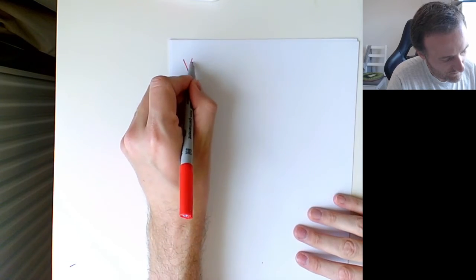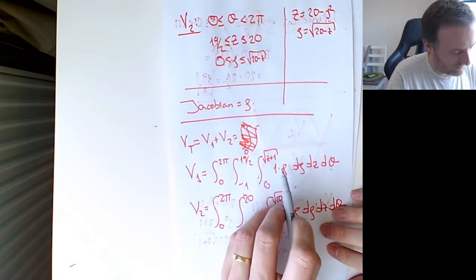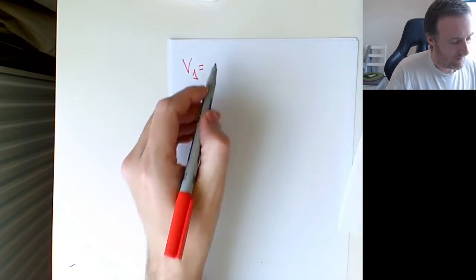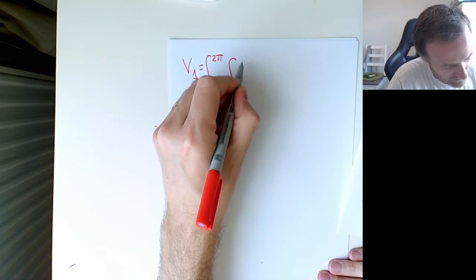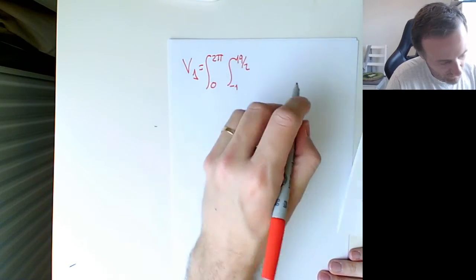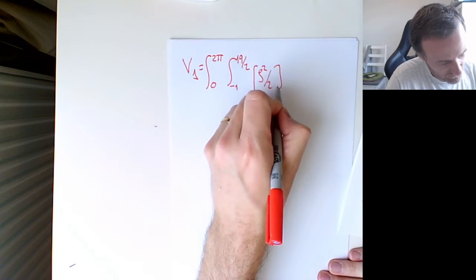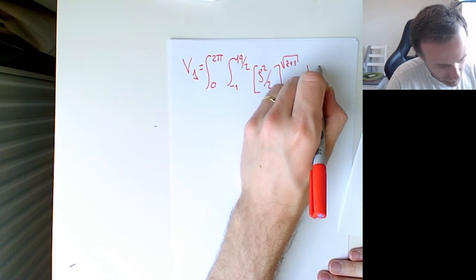So let's compute both integrals. We start with V1. We integrate rho first, so we get the integral from 0 to 2 pi, from minus 1 to 19 halves, of rho squared divided by 2 from 0 to the square root of z plus 1, dz d theta.